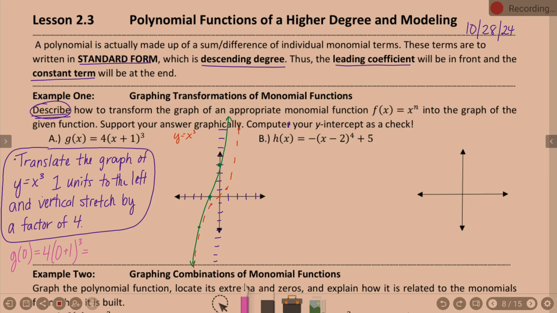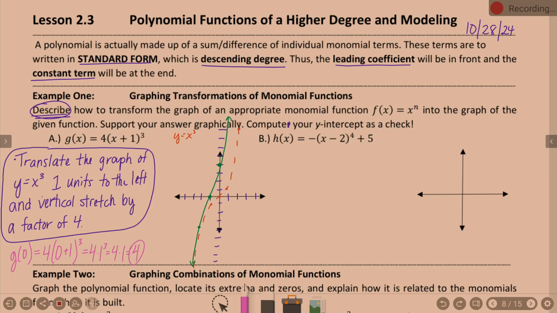We know what's supposed to come out according to my graph over here, but this is our check. In parentheses, 0 plus 1 is 1. 1 to the third is 1. 4 times 1 is 4. Is that what we expected it to come out as?